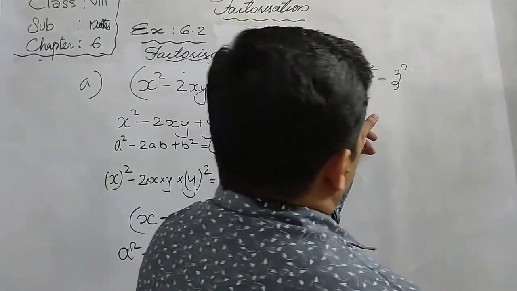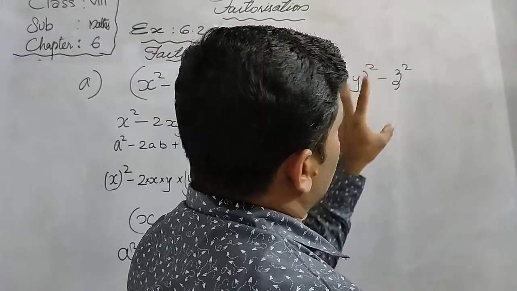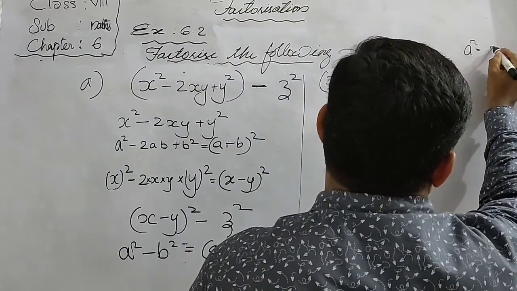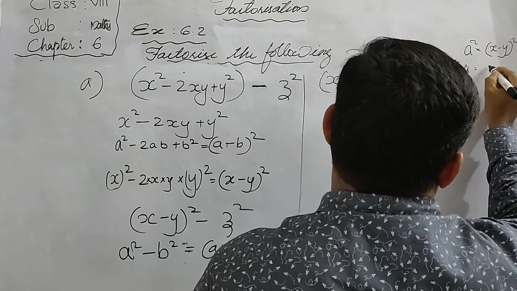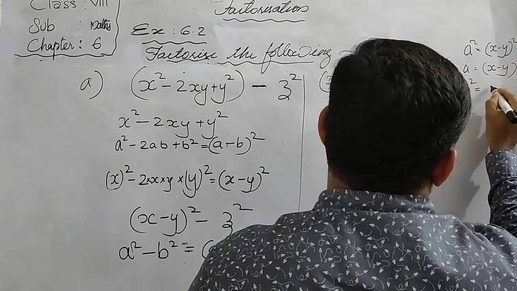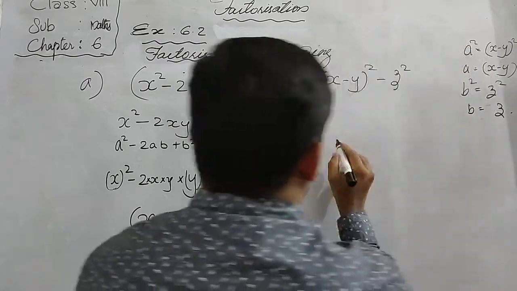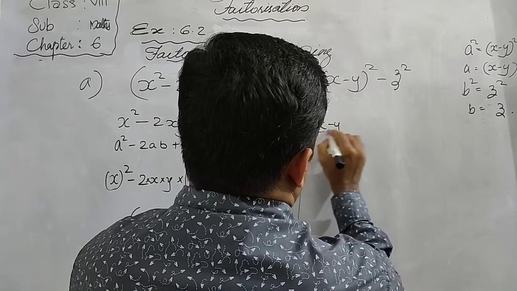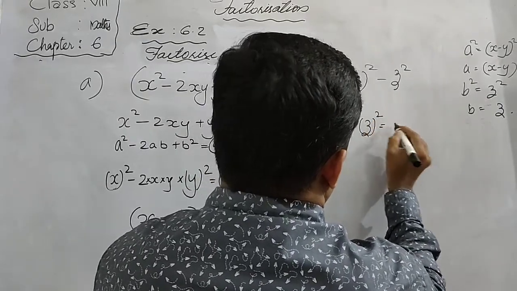Here a square means (x minus y) all square. Therefore a is equal to x minus y. B square means z square, therefore b is equal to z. So I am going to write a square minus b square is equal to (a plus b) into (a minus b).